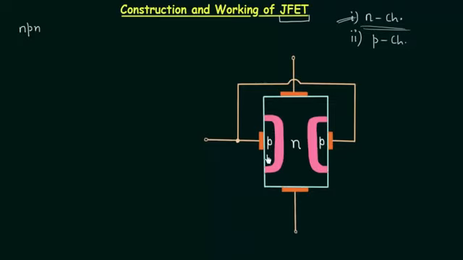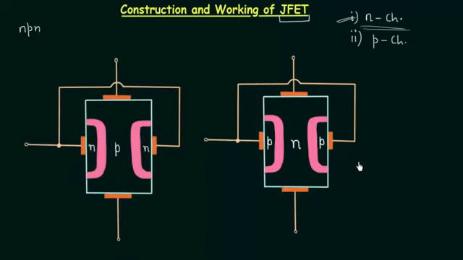Because of this reason we call this structure N-channel JFET, because N-type material is forming a channel between two P-type materials. And when you see the construction of P-channel JFET, you will find P-type material is forming a channel between two N-type materials.